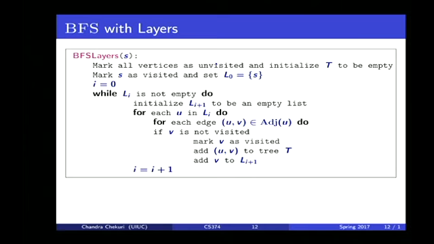Before you do breadth first search, let's imagine I look at a graph and a vertex and say, let's order the vertices in increasing order of distance from that vertex. So S is at distance 0 from itself. Let's look at all the vertices at distance 1 from it, all vertices at distance 2, all vertices at distance 3, and so on.